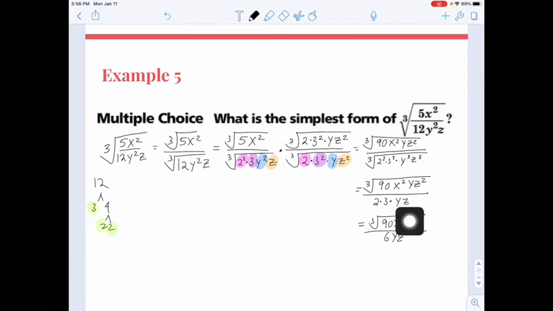Remember, we do not need absolute value bars when we have an odd index, so we're left with just 2 times 3 is 6, and we bring down our yz. The numerator stays the way it is, again, because there were no perfect cubes in it. So our final answer is going to be the cube root of 90x squared y z squared over 6yz.